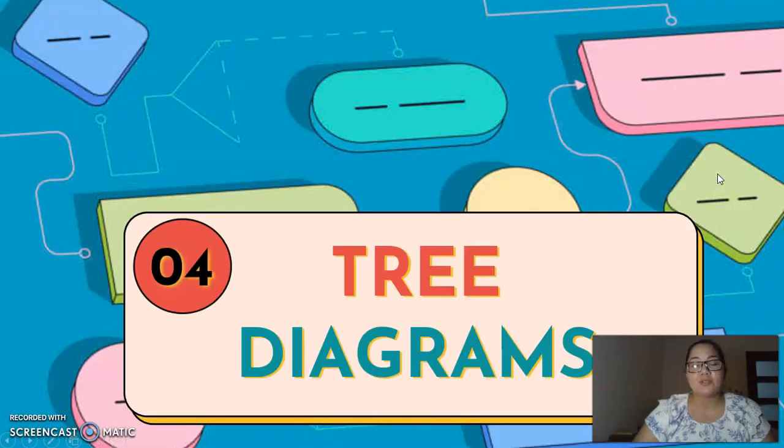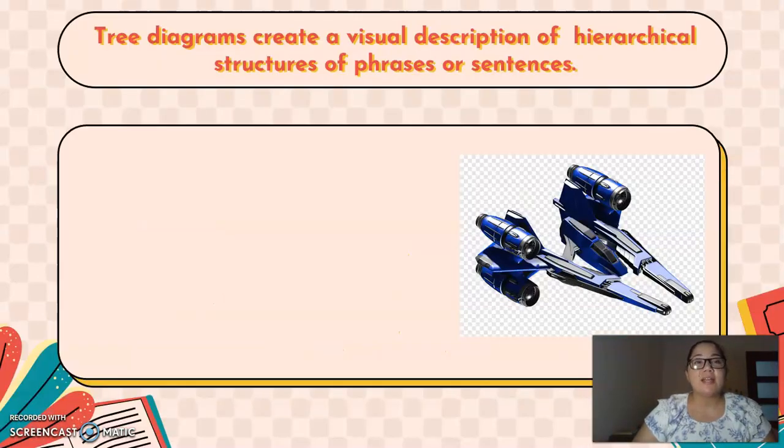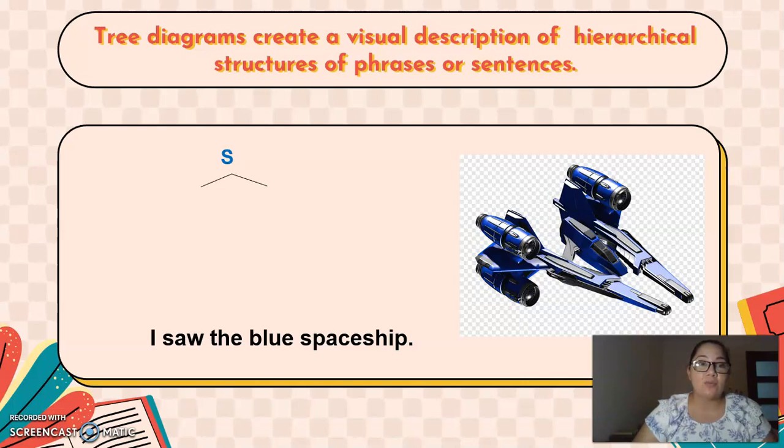Now let's learn about tree diagrams. Tree diagrams create a visual description of hierarchical structures of phrases or sentences. So we have here this example of a sentence, I saw the blue spaceship. So as we already know, in order to make a sentence, we need a noun phrase plus a verb phrase. Let's now identify each part of the sentence.